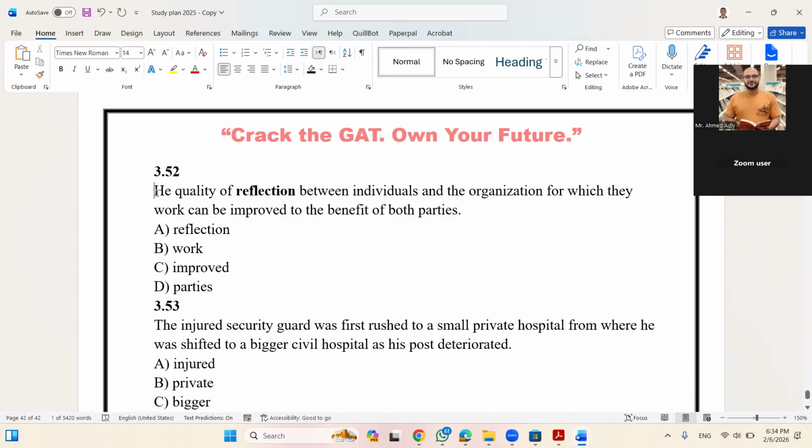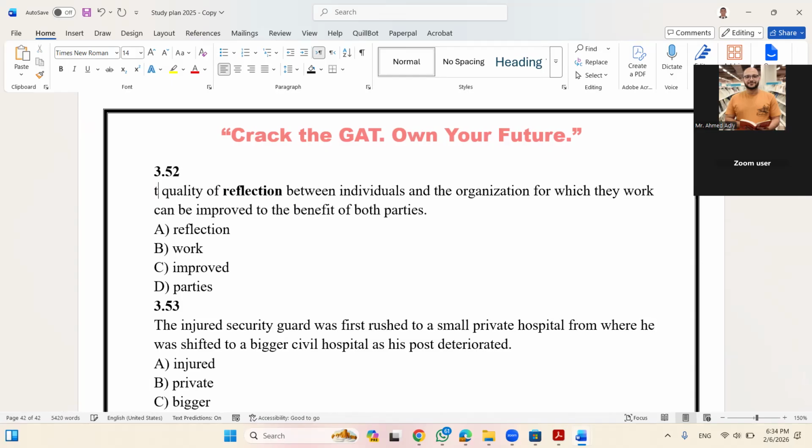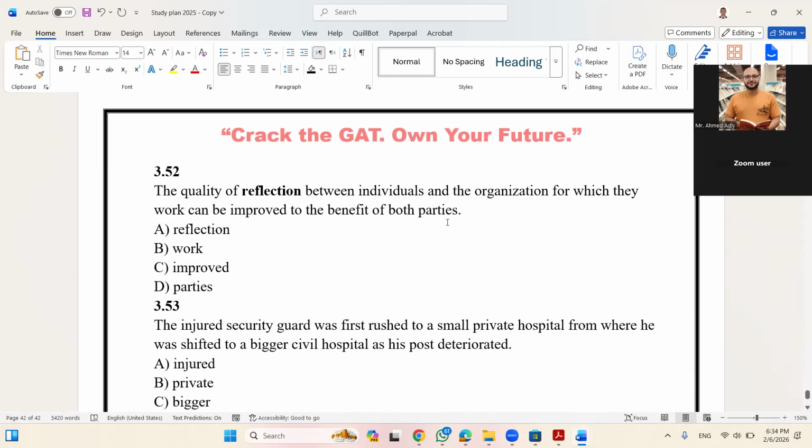What is it about? It's about the organization and how they can benefit individuals.